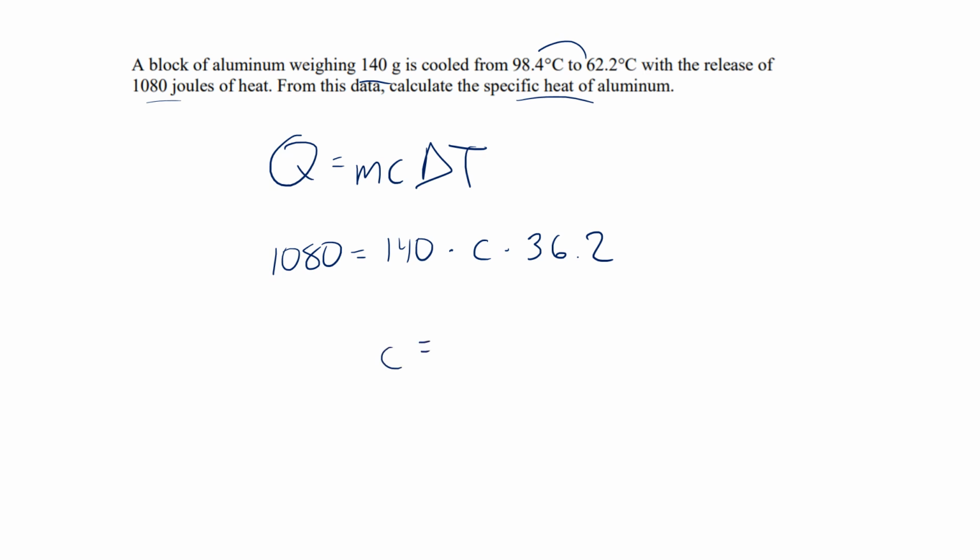So doing some math here, we're going to get C is equal to 0.27. This is going to be in joules per gram Kelvin. Does this make sense? Yeah, that's a reasonable answer. It's a metal, so it's going to be a small number. It's going to be somewhere in that range there.